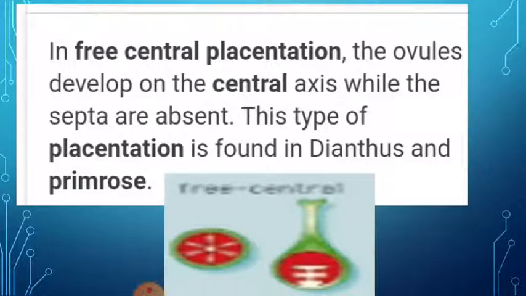That means the ovules develop on the central axis, where the septa are absent. Such an arrangement is known as free central placentation.